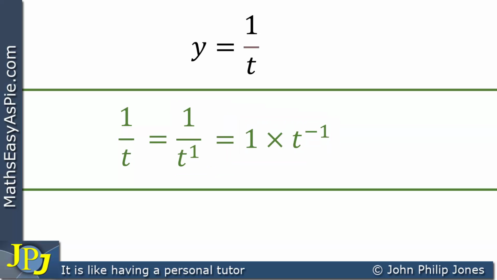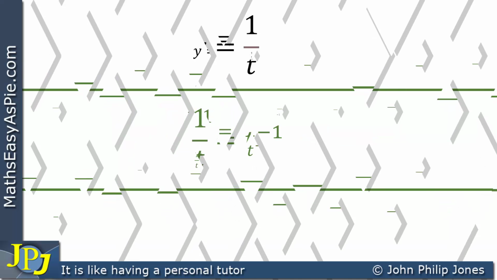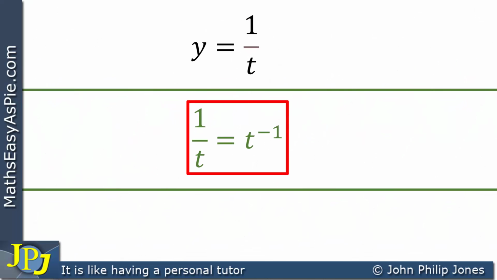Now this requires an understanding of indices that I'm not going to go into, but I am showing you where the next stage comes from. What I can now do is write this out as t to the minus 1. Now this gives that 1 over t can be written as t to the minus 1.